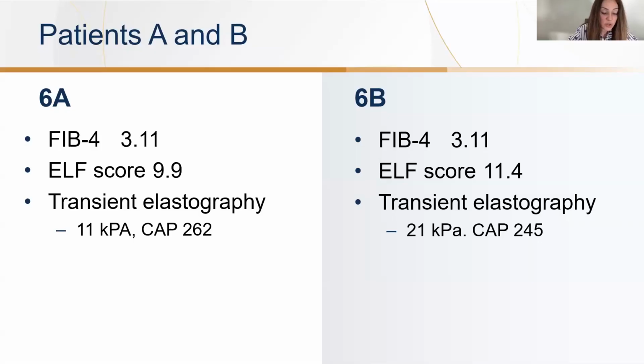So by pursuing other NITs, such as ELF and FibroScan, we were able to adequately stage and treat this patient with Rezdiffra. He would otherwise have been missed, and this option would not have been available to him. So FIB4 alone should not be used to exclude patients from treatment. A second NIT should always be considered.